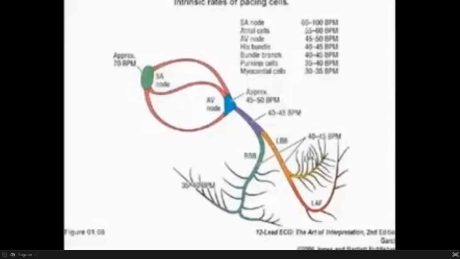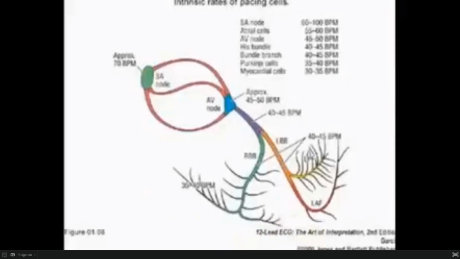Then when you reach the atrial chamber, the AV node, you slow down to 45, 50, then going through the left and right chambers, you finish at 35, 40 and 40, 45 beats. If you measure the percentages between all the parts, you will find some kind of consequence.